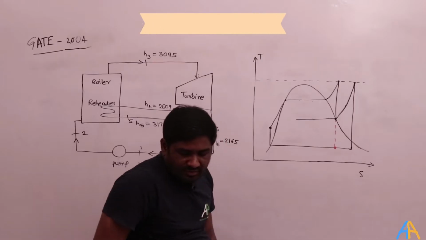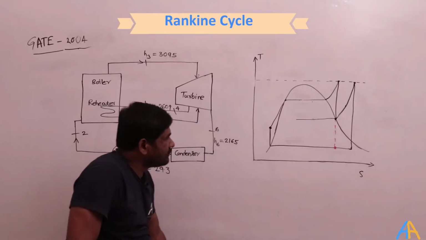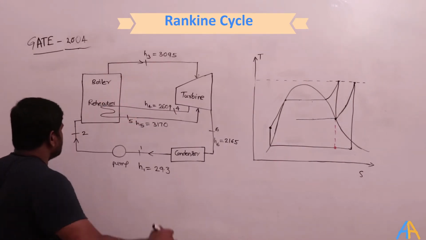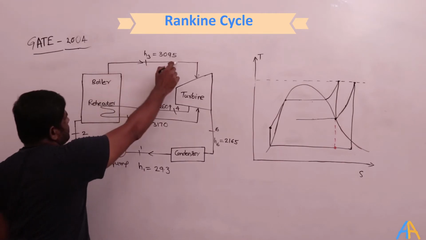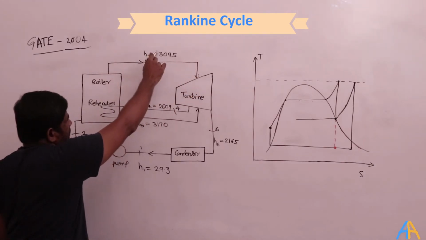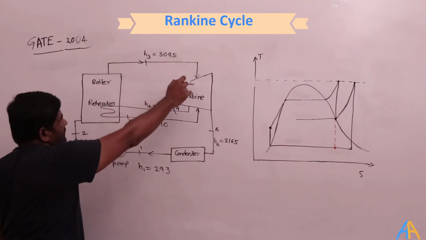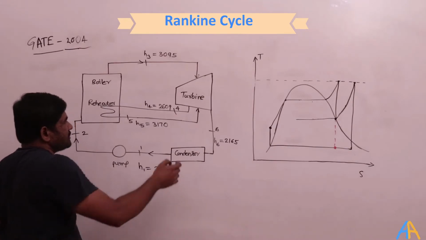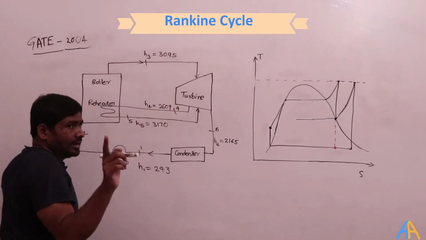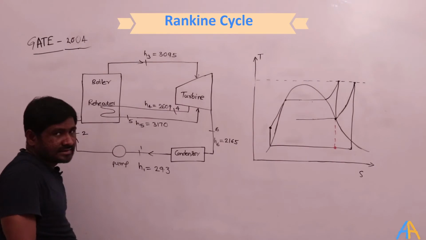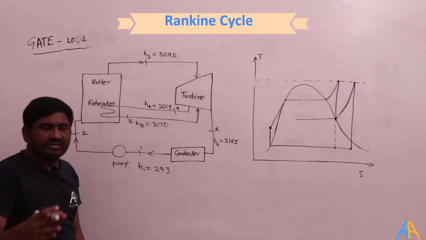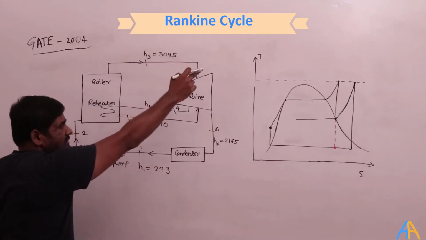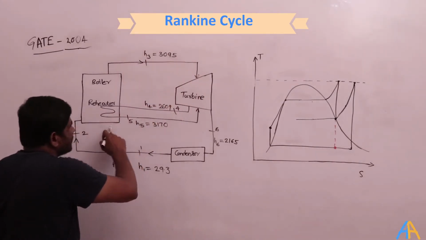So first we will find out the thermal efficiency. This is what is given here. First, from the boiler steam goes to the turbine, and the inlet enthalpy is given. After expanding for some time, the entire steam, unlike in regeneration where only a small fraction is extracted, is again reheated to the original temperature, that is 350 degrees centigrade, in the reheater.